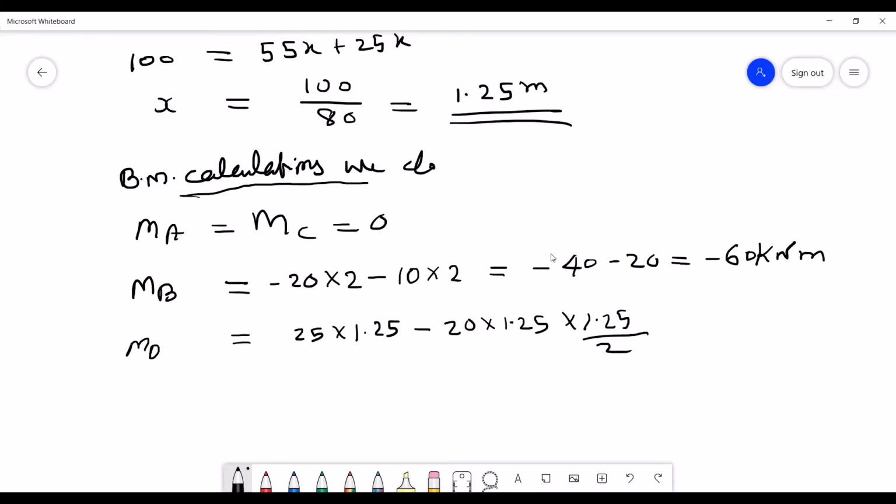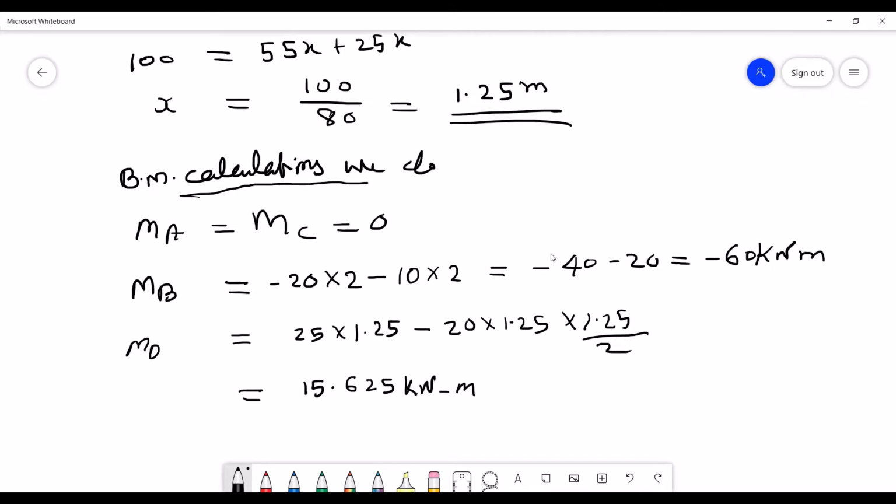That is 25 into 1.25, then 20 into 1.25, then 1.25 by 2. 1.25 is the distance between A and D. So here we get the answer as 15.625 kilonewton meter.